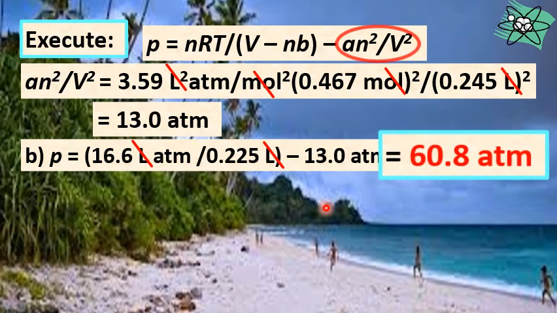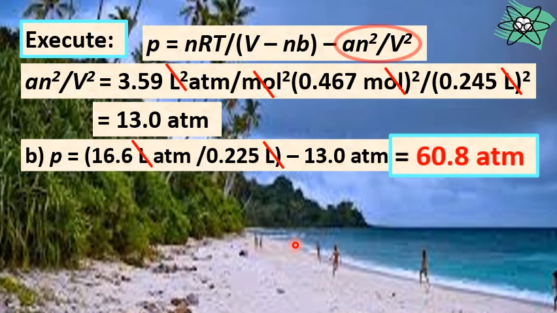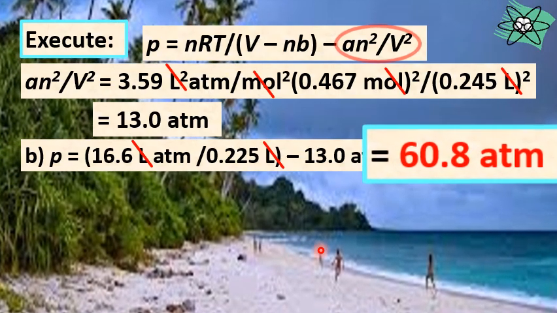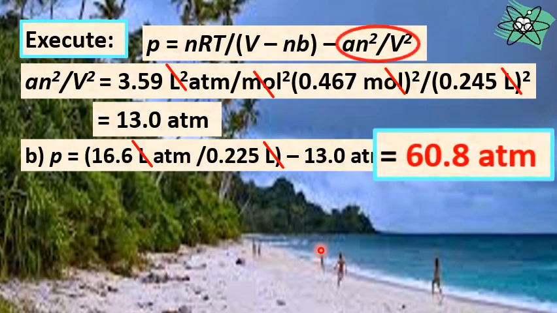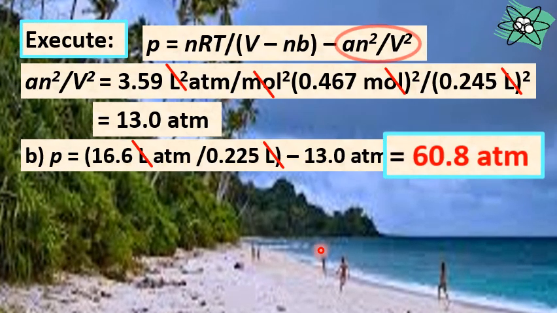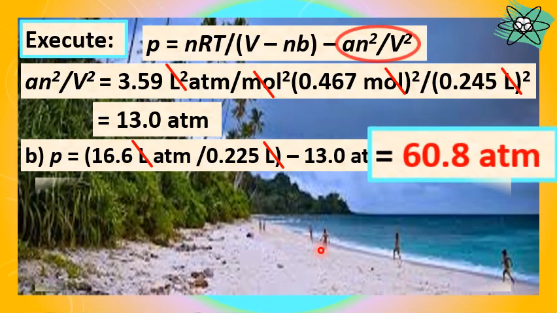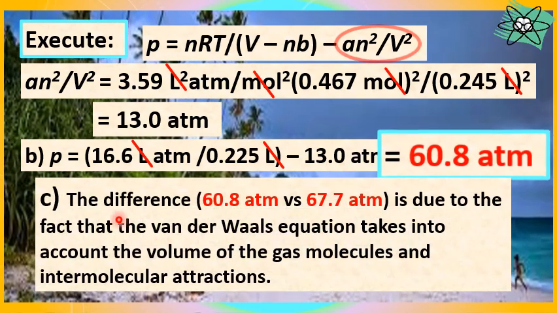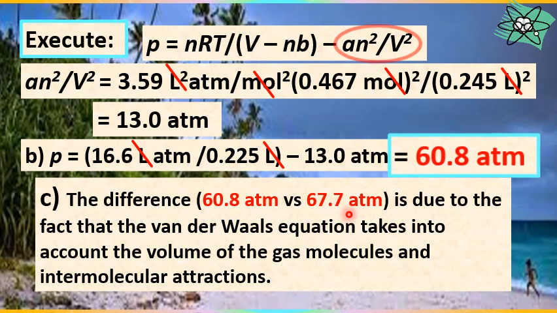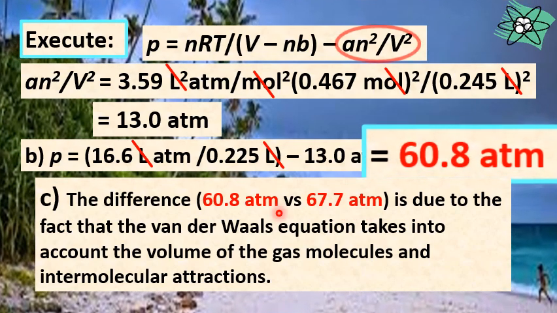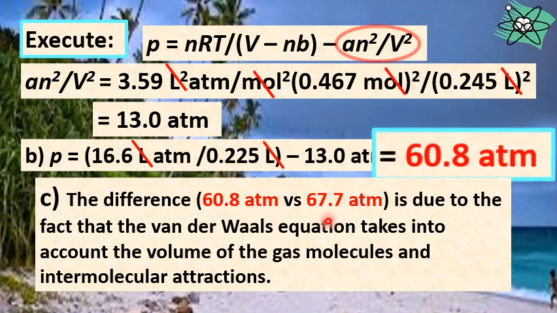Right. So comparing this with the value of the pressure using the ideal gas law equation, 67.7 atmospheres, there really is a difference.